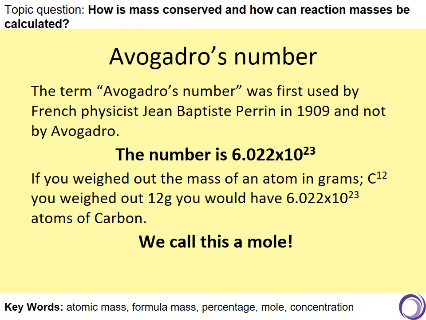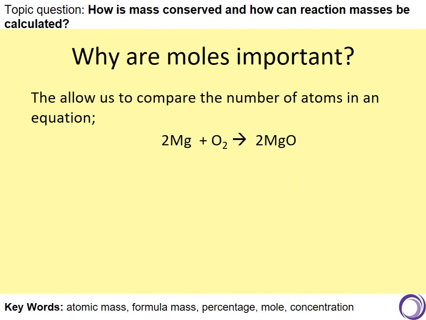So for example, if I weighed out 12 grams of carbon 12, then I would have 6.022 times 10 to the 23 atoms of carbon. And you can do that for any element. And we call this a mole. So now we know that a mole contains 6.022 times 10 to the 23 atoms.